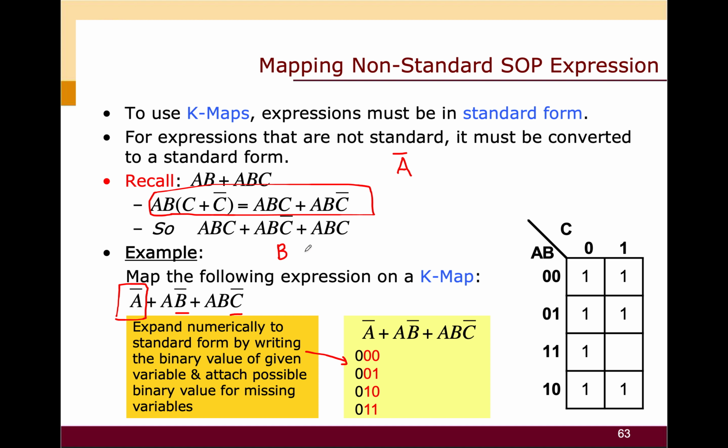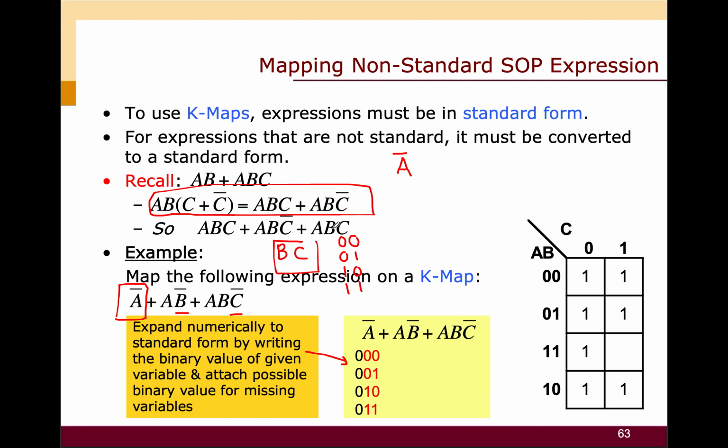For B and C, you have the possibility of 0, 0, and then 0, 1, and then 1, 0, and then 1, 1, isn't it?